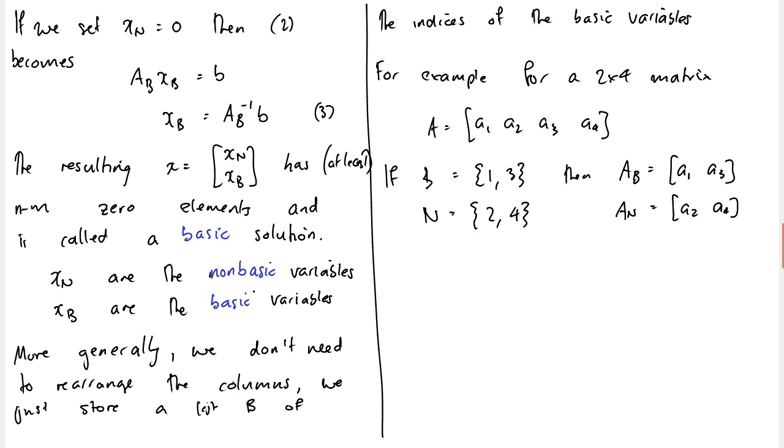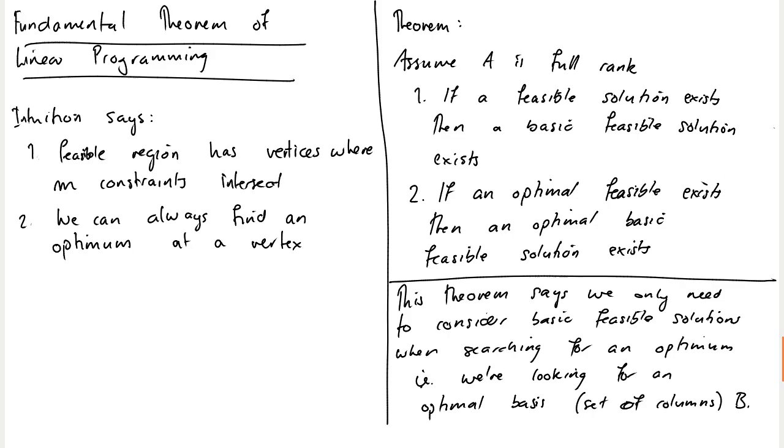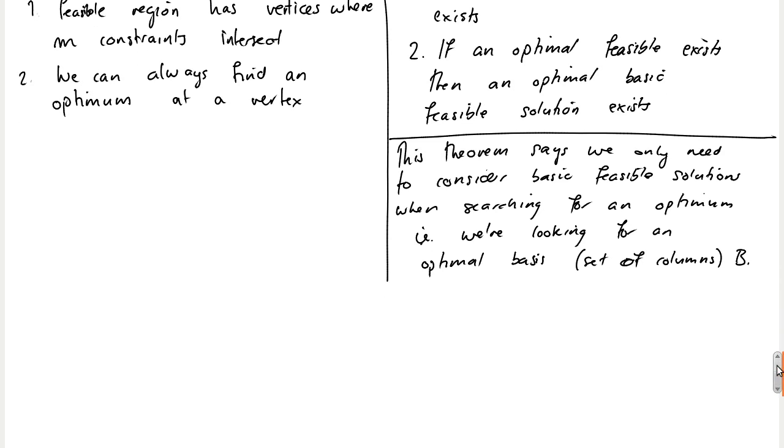If it's feasible, then that's a basic feasible solution. What we're going to do is say, if I take one of those variables, one of those columns out and replace it with a different one, can I do any better? And if I can, then I'll take that step and move to a new basic feasible solution. So let's just make a quick statement about that before we get into doing it.